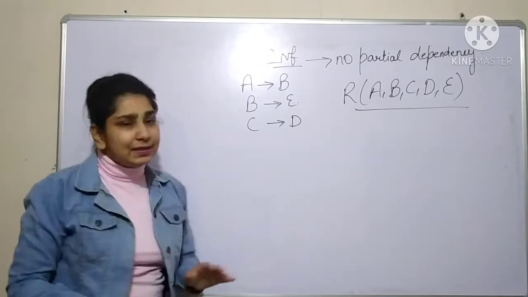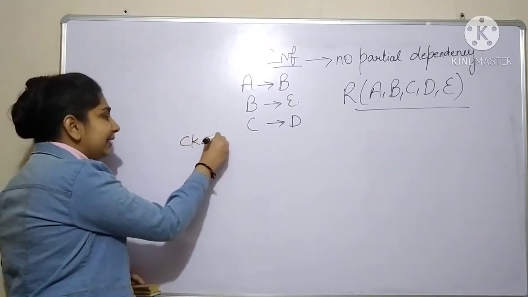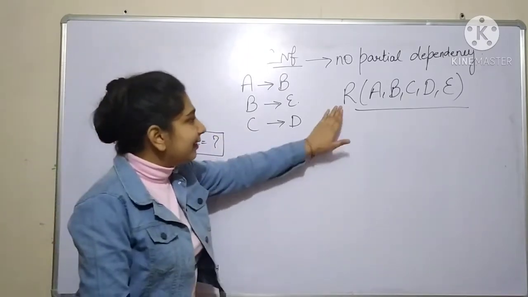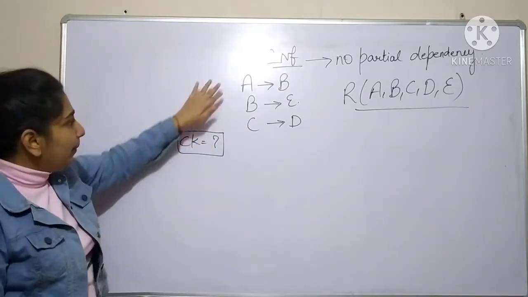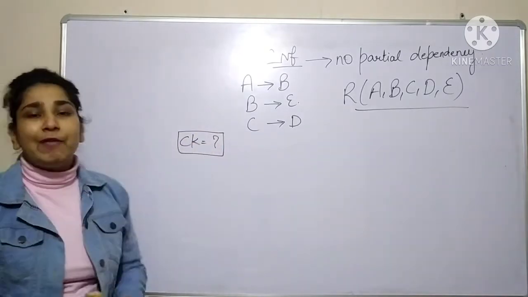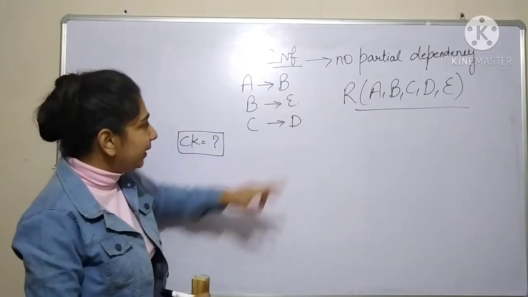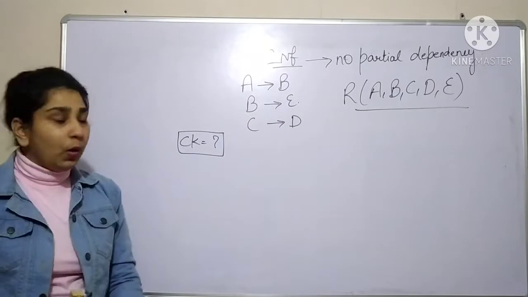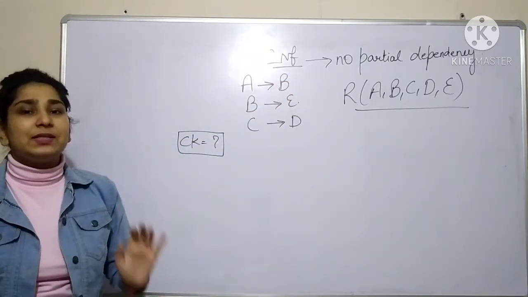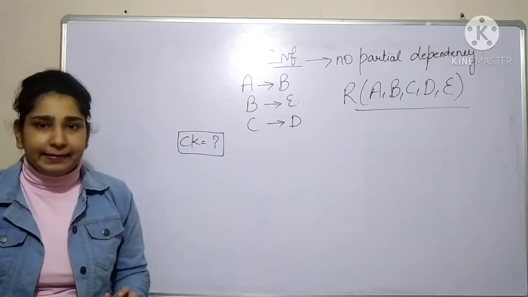Firstly, we will be determining the candidate key of this relation. What is the candidate key? By looking at these functional dependencies, we will find our candidate key. If you look, only B, E and D are present at the right hand side, so only these 3 attributes can be determined.